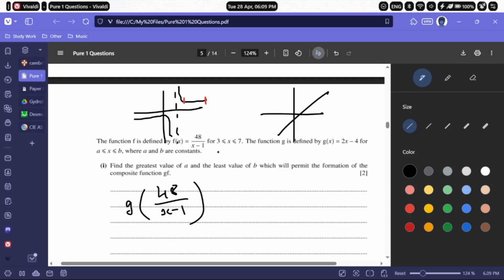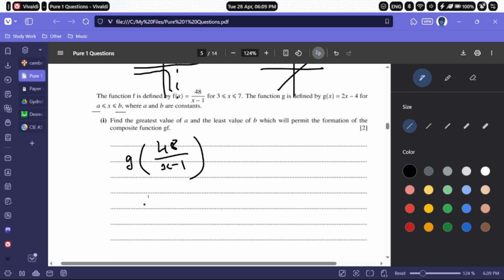Since you're finding the acceptable values for a and b, when you're doing gf of x, the domain for g of x would be the range of f of x, because you're inputting f of x into g of x, right?